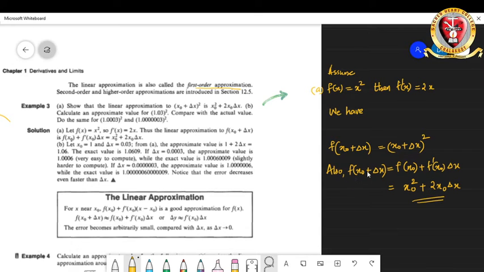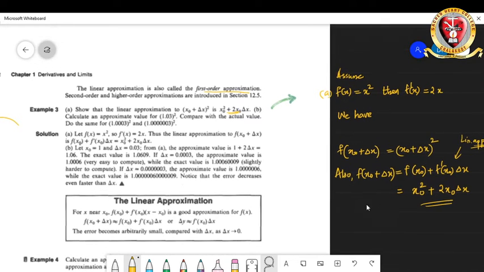Also, f of x naught plus delta x is equal to f of x naught plus f dash of x naught into delta x. How? By the linear approximation we just defined. So you can substitute x naught squared for f of x naught, and 2x naught into delta x for f dash of x naught into delta x. So you arrive at the final answer.